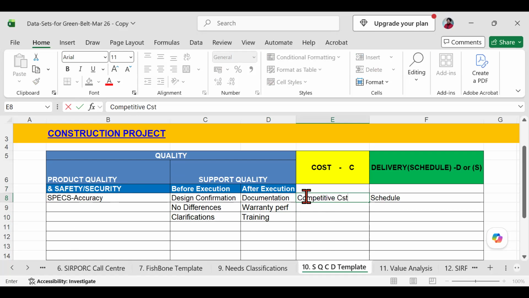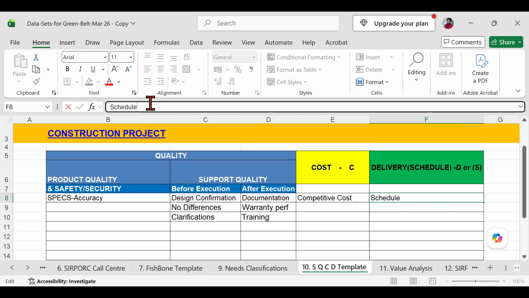And of course, giving as per the schedule, so adherence to the target date, the completion date, the end of contract. That is very important.